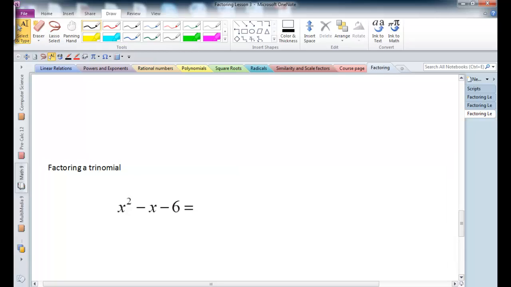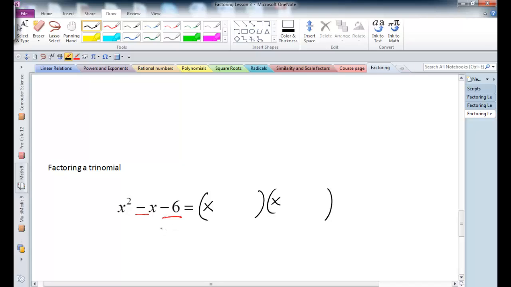Now let's use this pattern to factor a trinomial. Let's write this trinomial as the product of two binomial factors. We've got x squared minus x minus 6. The x squared comes from an x and an x. Remember that the negative 6 is a product of the two numbers, and the negative 1 is the sum of the two numbers. So the best way to attack it is to look at the constant term and decide on factors of the negative 6.